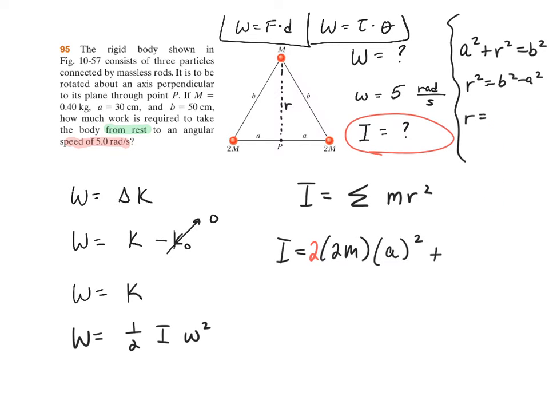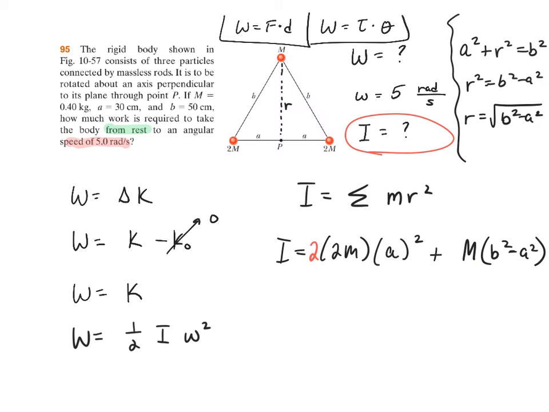So instead of doing that, I know that the mass is big M, and I want the r squared value, which is really just b squared minus a squared. Okay, again, I know it's not necessarily intuitive when you think about it, like why would you just skip this last step here, but really we don't need to square root it and then re-square it.